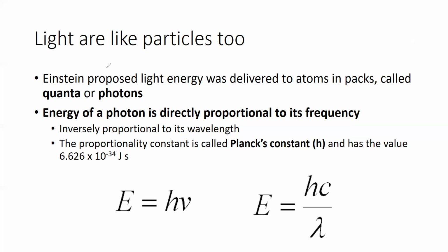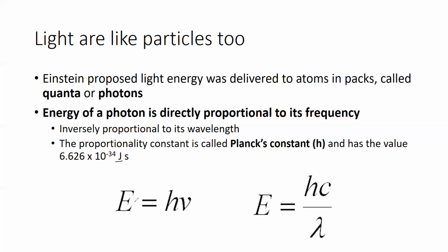That conversion factor is Planck's constant, which is given the symbol h, and it has a value of 6.626 times 10 to the minus 34 joule seconds. Remember, joules is the SI energy unit.